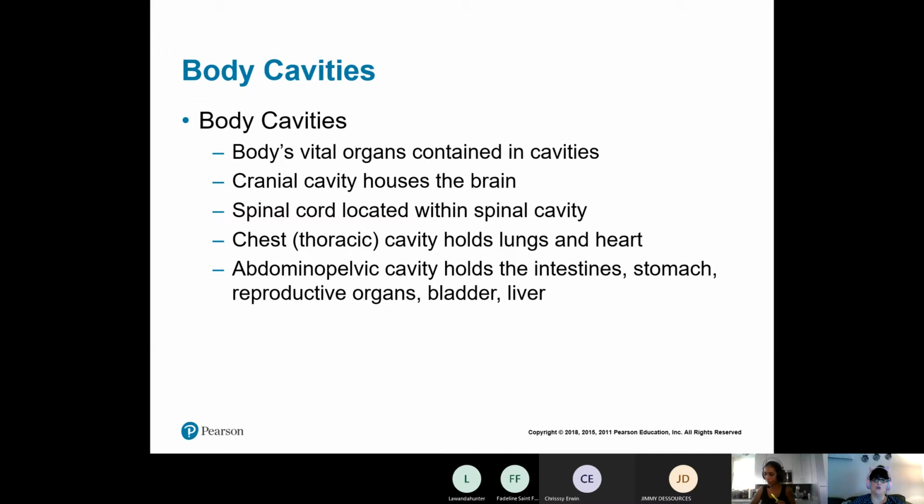Your thoracic cavity, that's your chest. It holds your heart and your lungs. Your abdominal pelvic cavity contains intestines and stomach and reproductive organs and bladder. So that's that whole from the breast down cavity, right?